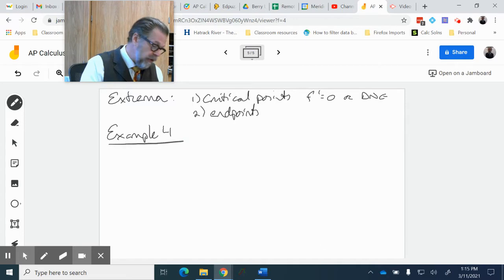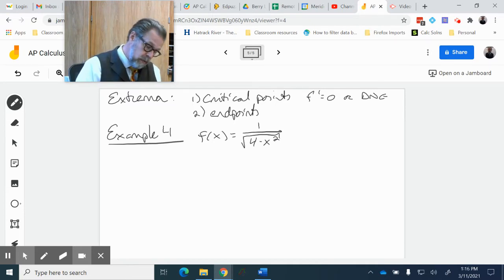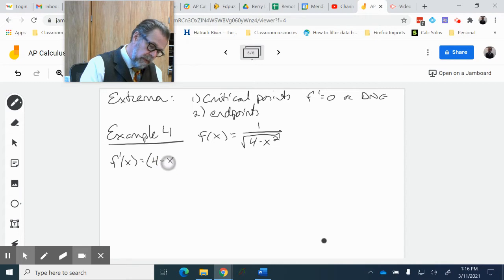Example number 4, f of x equals 1 over the square root of 4 minus x squared. First of all, we're going to need the derivative. So I'm going to rewrite the function as a power, 4 minus x squared to the negative 1/2, and then take the derivative.